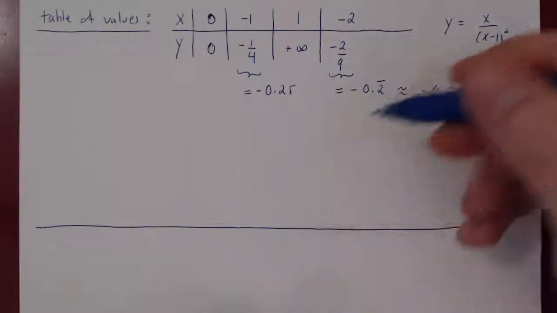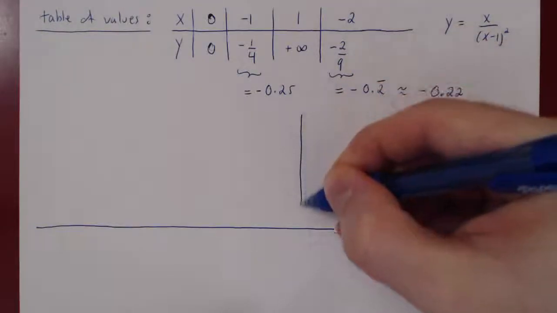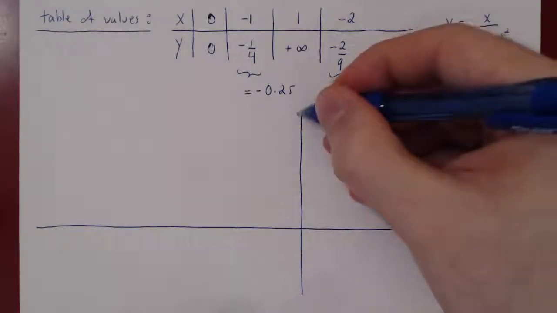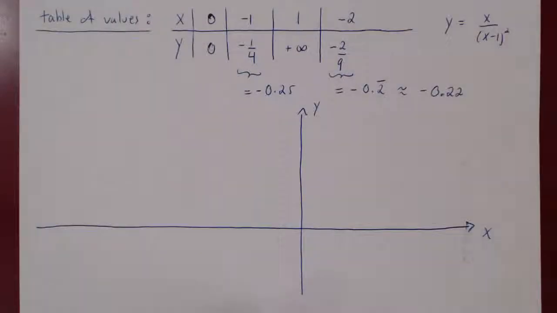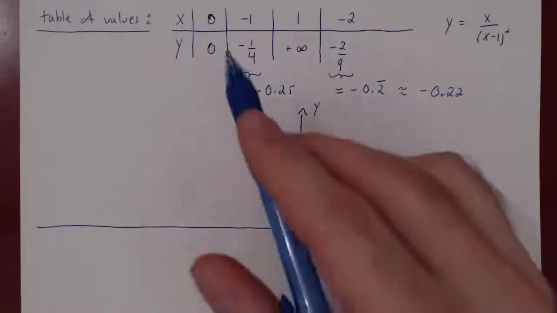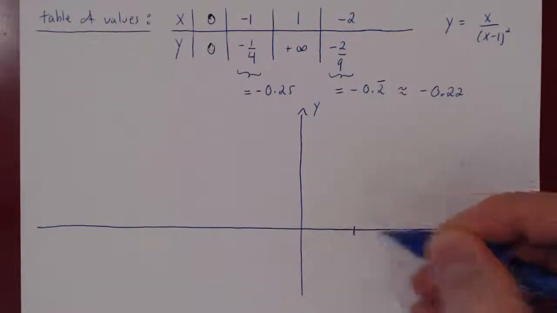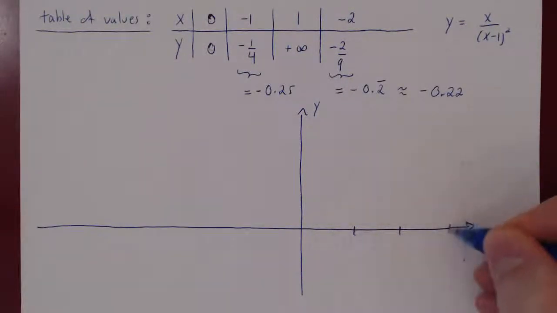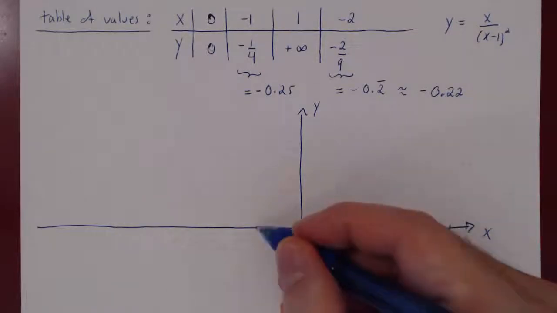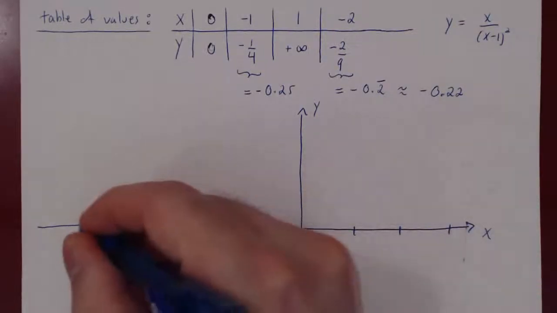Suppose this is now the y-axis. So let's label our x marks. We'll go in steps of 1. So suppose this is 1, this is 2, this is 3. This is -1, -2, -3, -4.